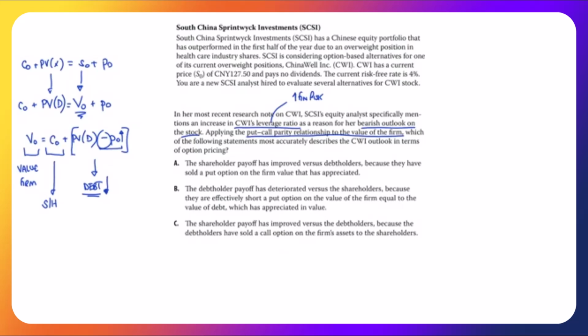So let's take a look. What are the options? Which most accurately describes A, the shareholder payoff has improved versus debt holders because they have sold a put option on firm value?